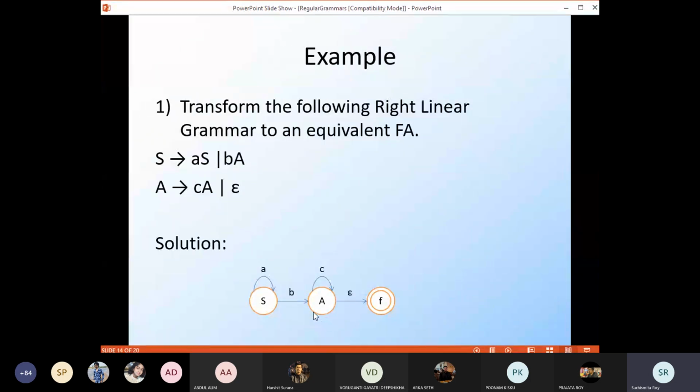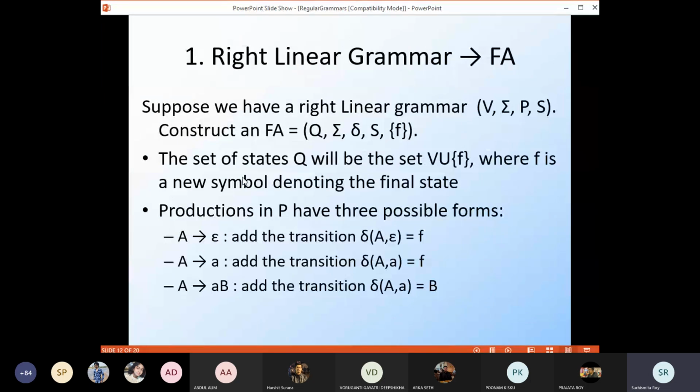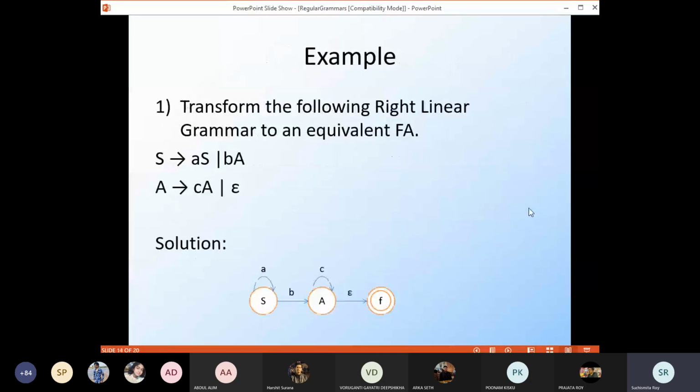So that is what we have done here. So you add this transition, A goes to F on epsilon. Basically remove A from the sentential form. And you can see that by this set of rules, you can produce this finite automata.